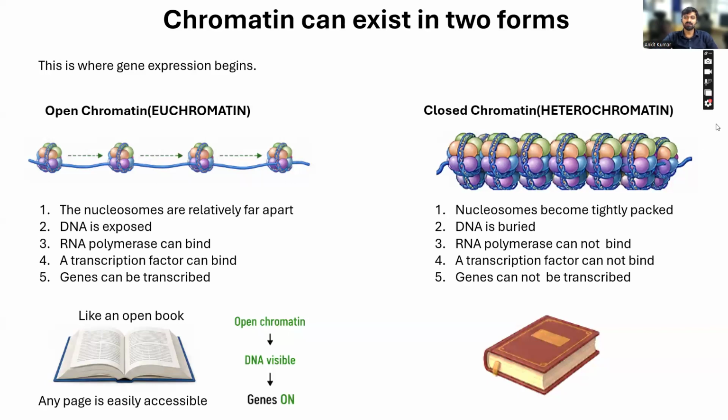Because you can see here, due to the Coulombic interaction, the DNA molecules and histone protein are connected with each other. If it is closed, then the interaction is too much. But if we want to open that structure, then obviously the Coulombic interaction that exists between the histone and the DNA molecules, you have to break.